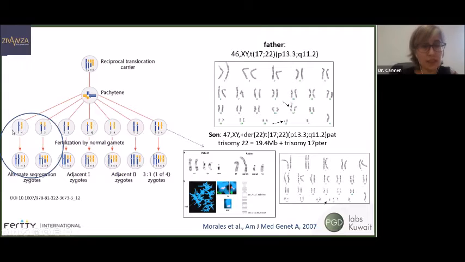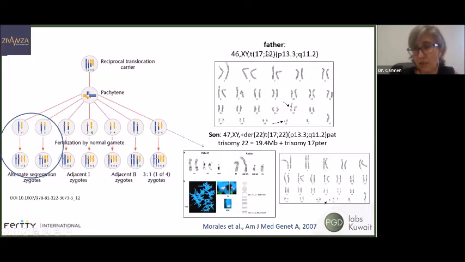From all these combinations, for example, imagine these are sperm, from all this sperm that we can have, only 2 of them after fertilization will give you a normal embryo. All the other sperm will give you, after fertilization, an abnormal fetus with extra or missing DNA.